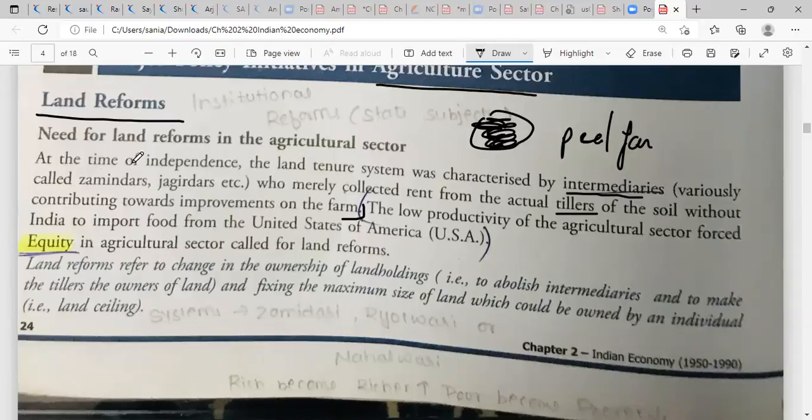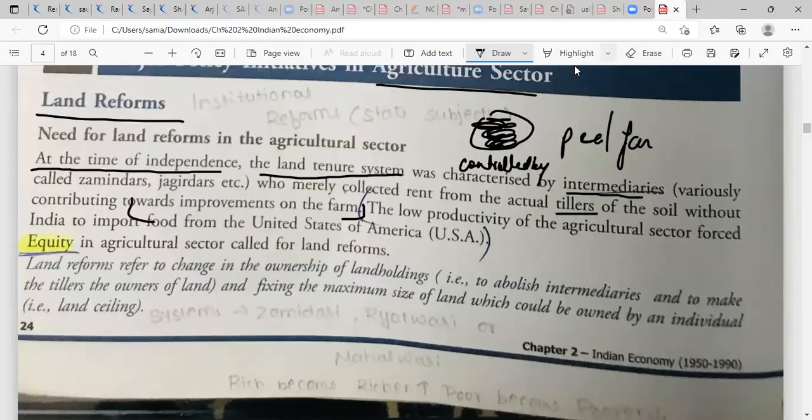At the time of independence, the land tenure system was characterized by intermediaries, variously called zamindars. You can write: the land tenure system was controlled by zamindars and jagirdars.